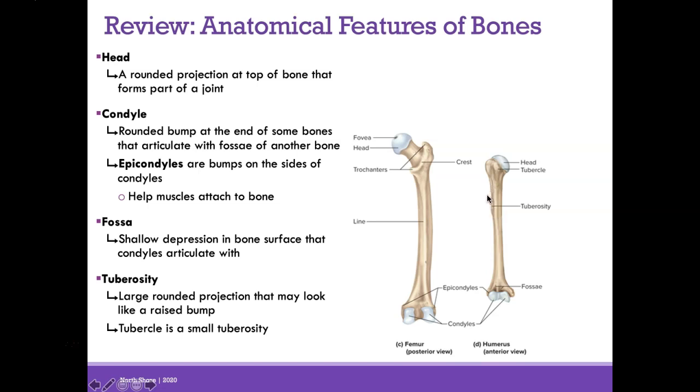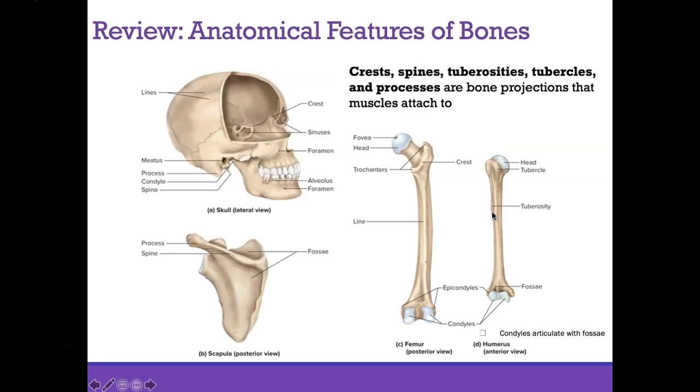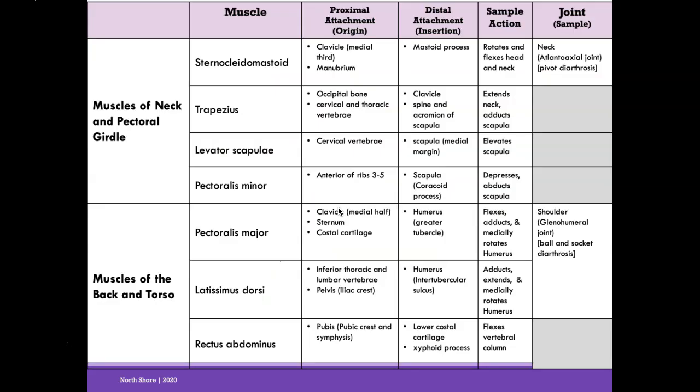This is the humerus, and we'll discuss which muscles attach to this tuberosity. Here are some other ones, some spines. You can see spines, crests, a process is a protrusion. And again, all of these features are for muscle attachment to the skeleton.